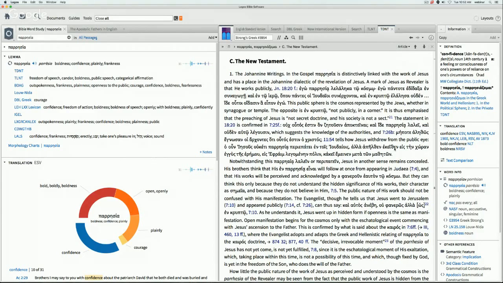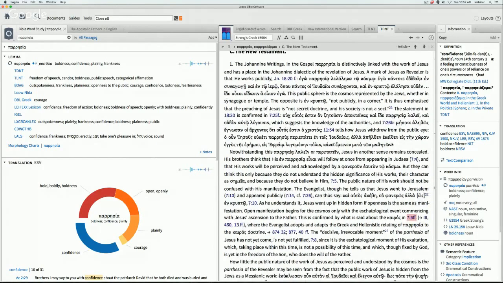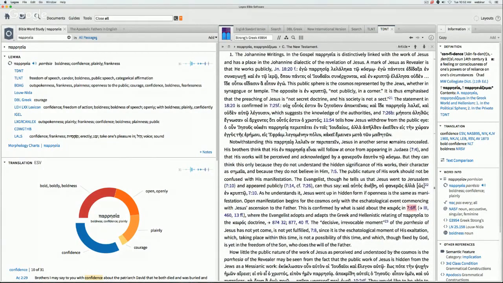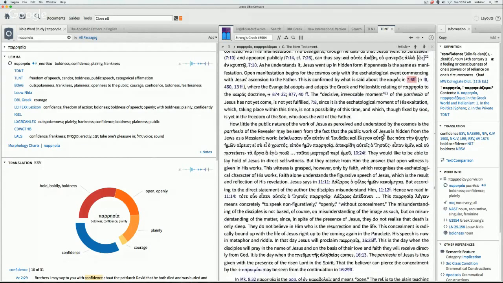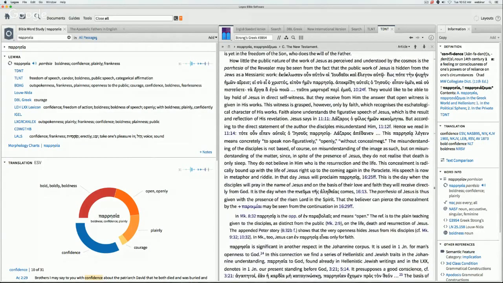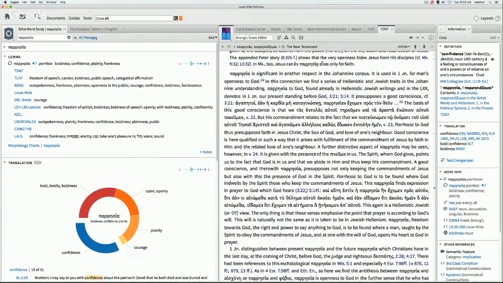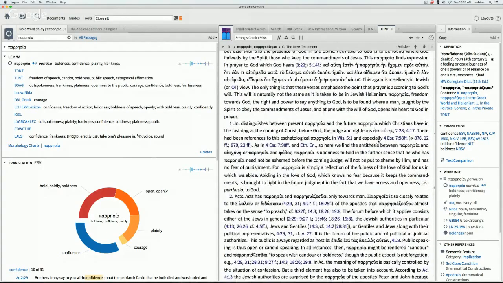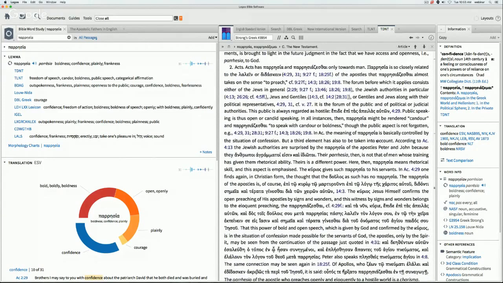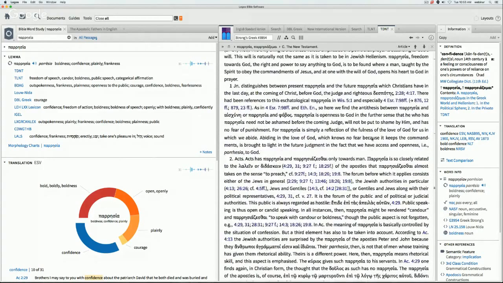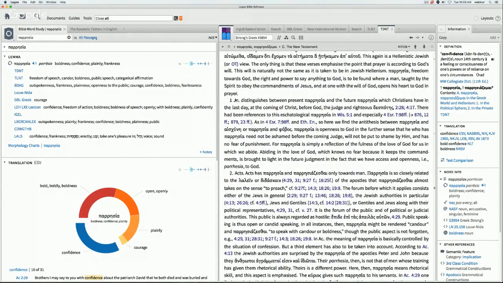We could, of course, read this whole section, and that is a great thing to do. But let's see if we have any references to 1 John specifically. Oh, it looks like there is a reference here to 1 John, and for some reason it's not catching that highlight.